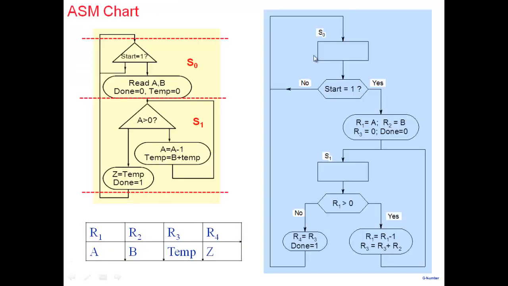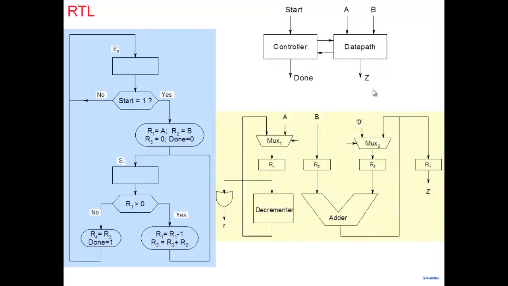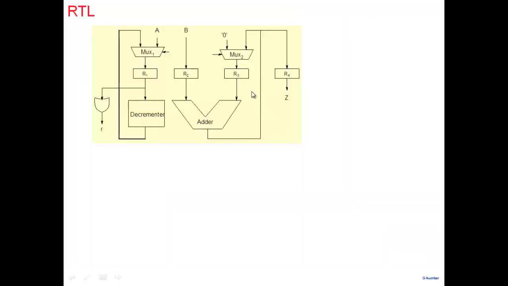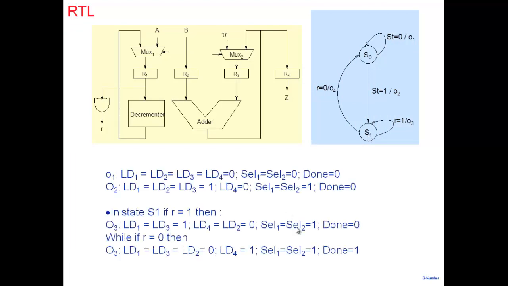And once you have an ASM chart, then go ahead and construct the data path, and you can construct the controller. So the controller and data path are here. And from there, we get the control inputs. We require 2 states here. We generate the control inputs. And that brings us to an end of how you go through your RTL design.